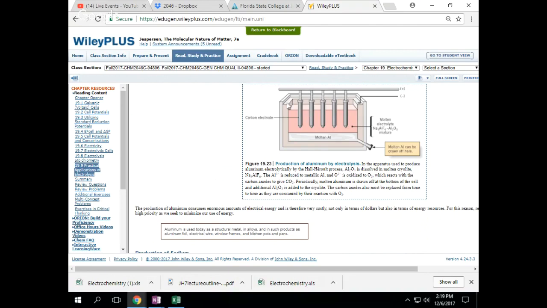And so then they just dip in carbon electrodes and the aluminum is reduced to molten aluminum. And so the aluminum forms a layer at the bottom and they just drain it off as they need it. And so it was a very, very tedious process. I don't know why nobody had thought to apply electrical current to it before, except maybe the electrical current was not as readily available until that time, really.